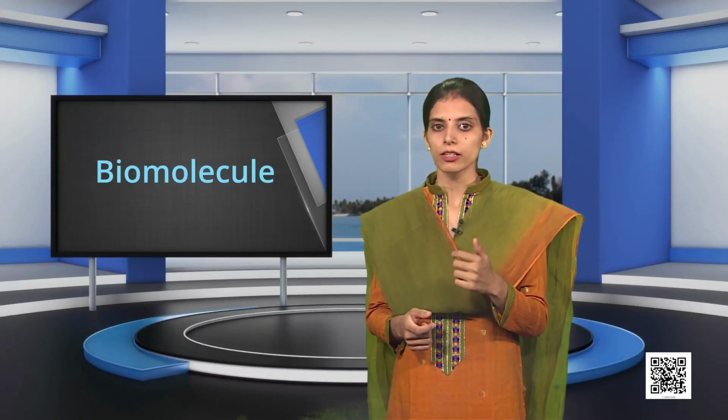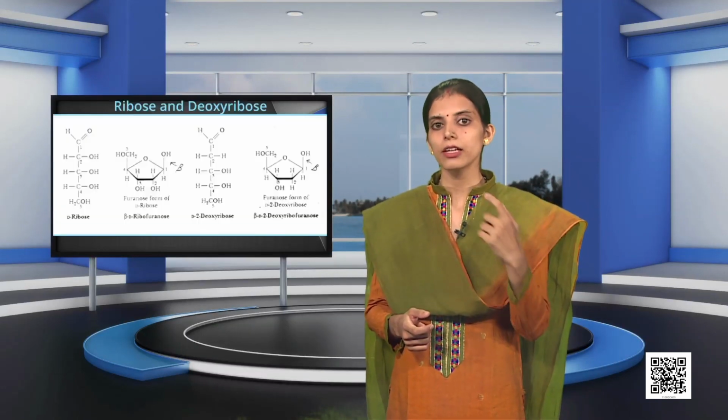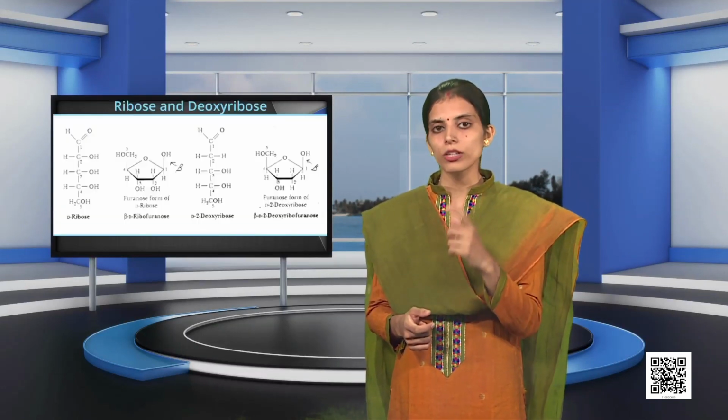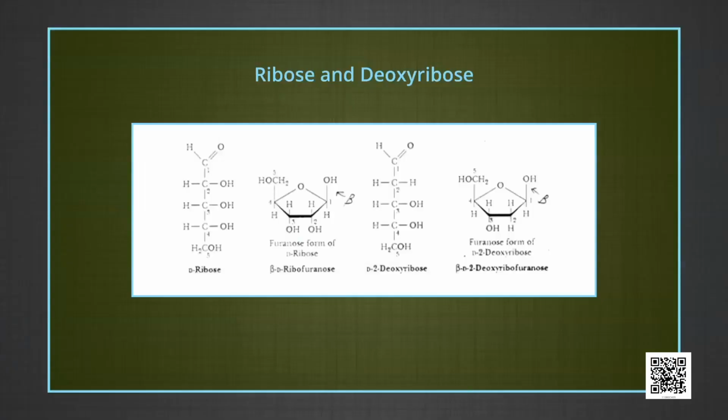In the L form, OH group is on the left hand side of the carbon chain, but in the dextrorotatory, the OH group is on the right hand side. That means the L form of the chain is carrying OH group on the left side, and D form is carrying the OH group on the right hand side.